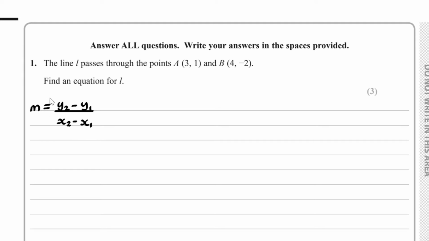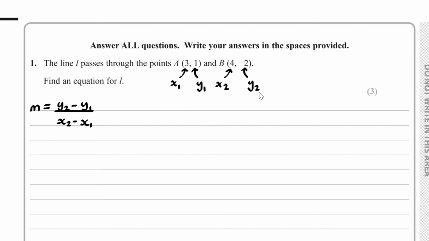We can find out the gradient using m equals y2 minus y1 over x2 minus x1. x1 is equal to 3, y1 is equal to 1, x2 is equal to 4, y2 is equal to -2.